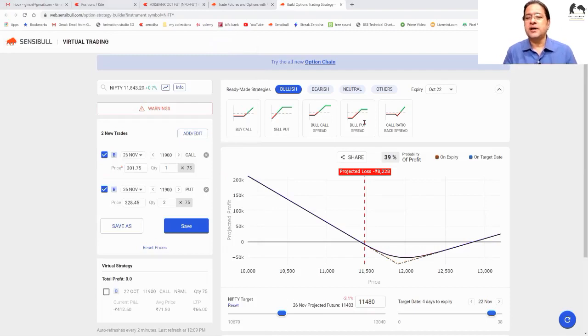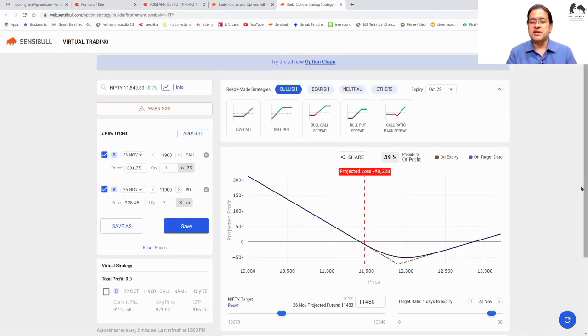As you can see here, you're going long 1 quantity of call, and you're actually going long put with double the quantity. Exactly that's what I have done. I have gone for 2 lots of put, and long call I've actually gone with 1.